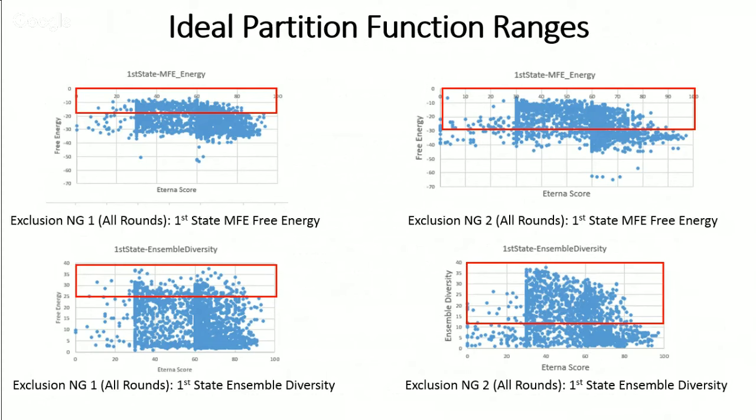Basically, you can use these ranges if you were to plug them in. For instance, the bottom left, the exclusion NG1 first state ensemble diversity: if I was to plug into Sara that I wanted all the designs with the ensemble diversity between 25 and 40 to be returned, then that would get everything in this box here, and these would all, based on the trends, do really poorly.